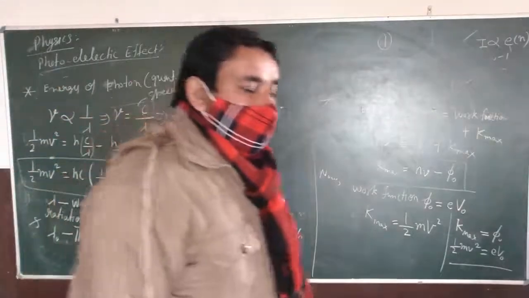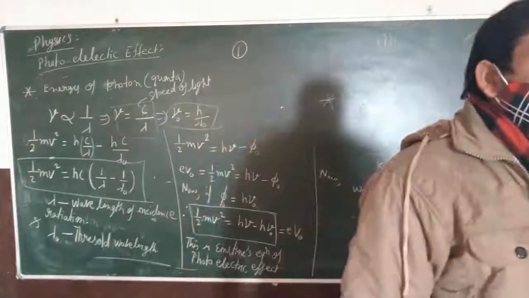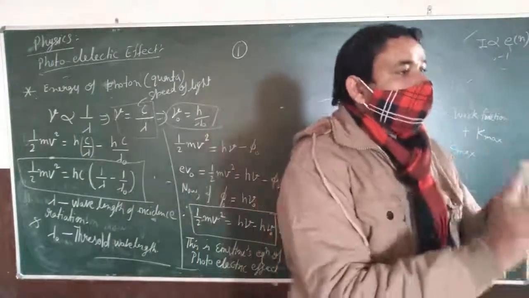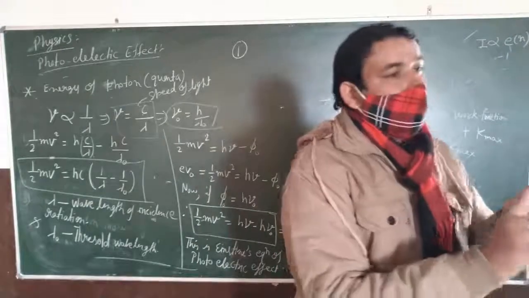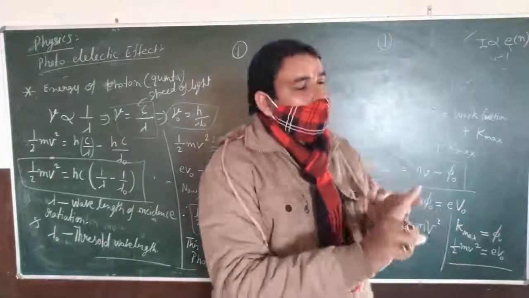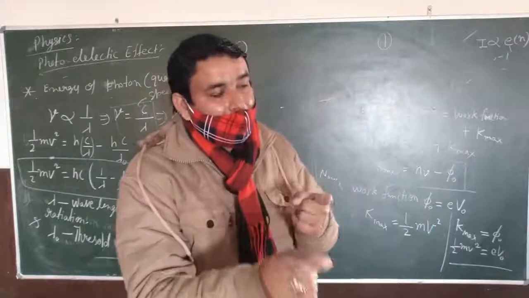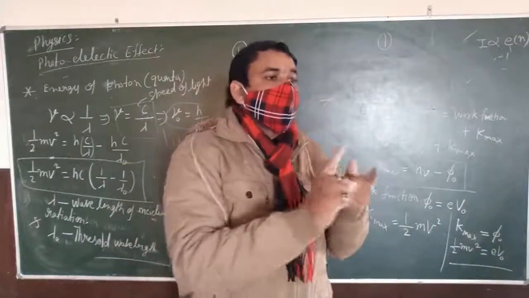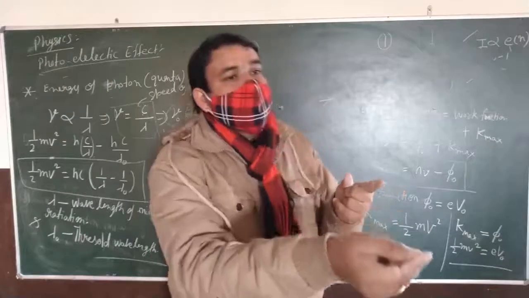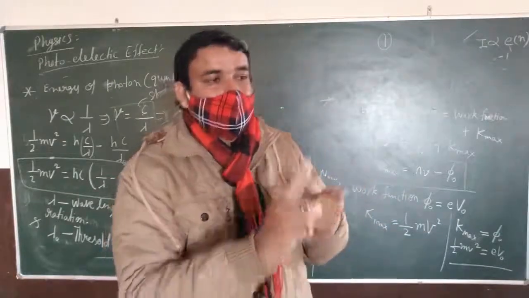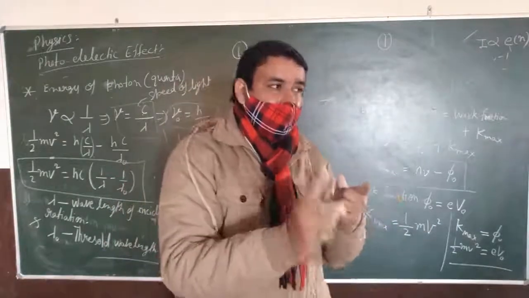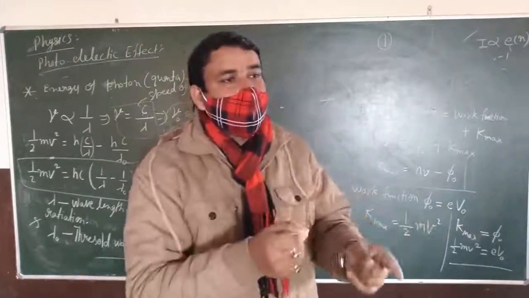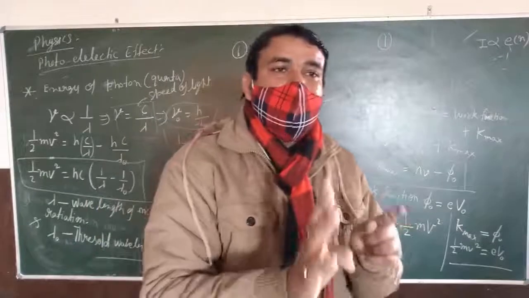First, he assumed that if one photon having the appropriate frequency falls on the surface, it will be able to emit one electron. If two photons fall on the surface, they will emit two electrons. If three of the same frequency fall on the surface, they will emit three electrons, and so on.